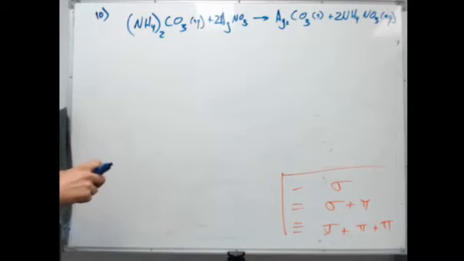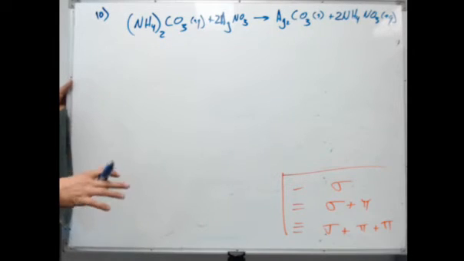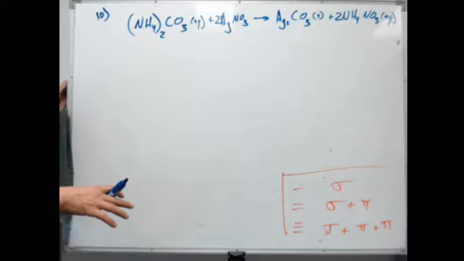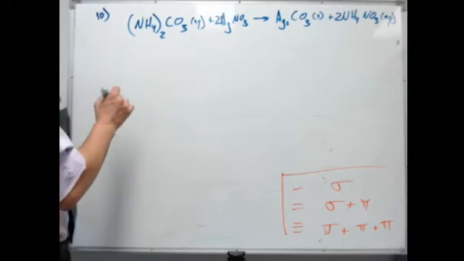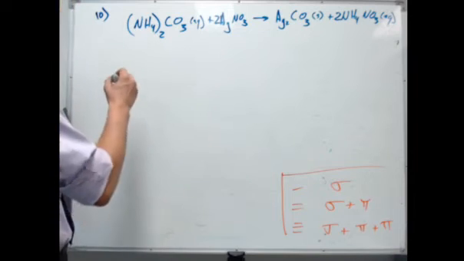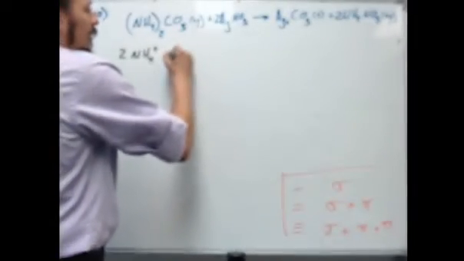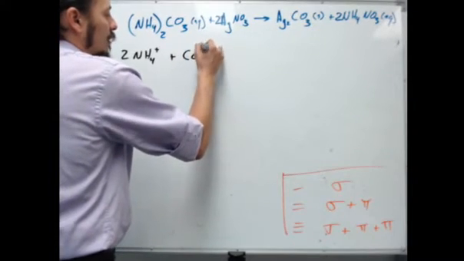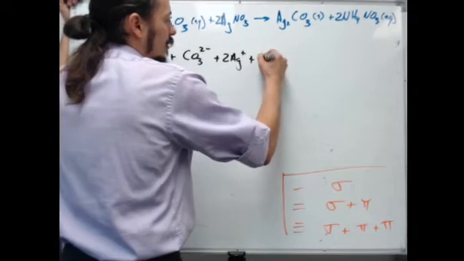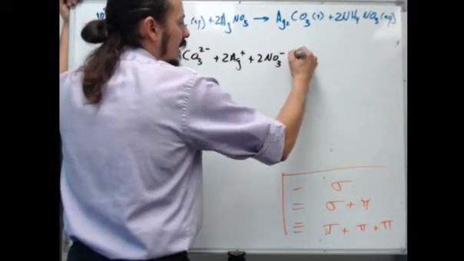Now, this is the chemical reaction, and we can notice a couple things. Does it ask for specific ions in solution at the end, or does it ask for all ions in solution? All ions in solution. So if we think about this in terms of the total ionic, not the net ionic, we're going to have 2 NH4 plus, CO3 2 minus, plus 2 Ag plus, 2 NO3 minus.